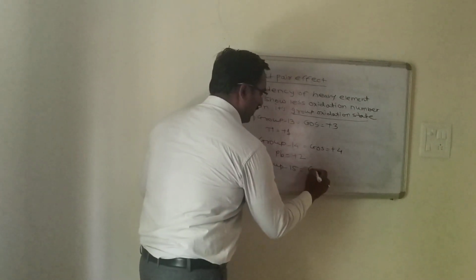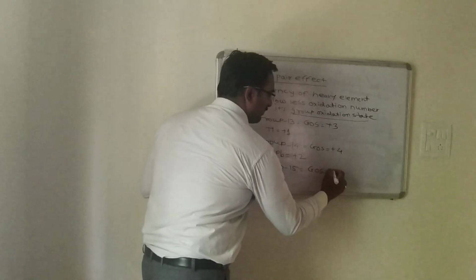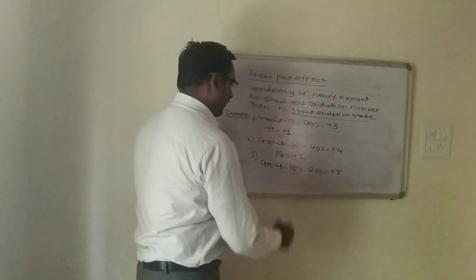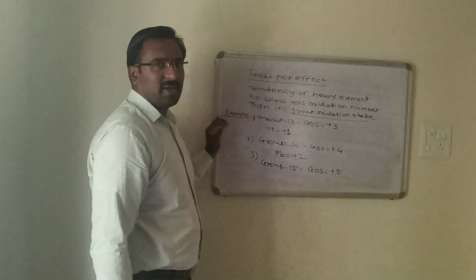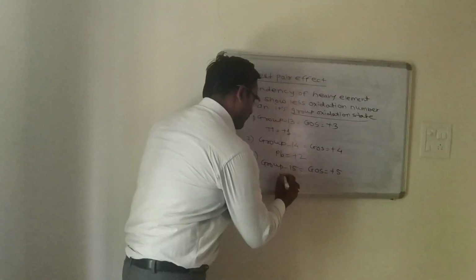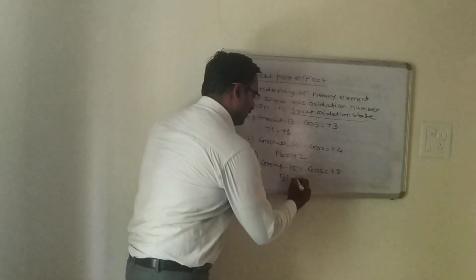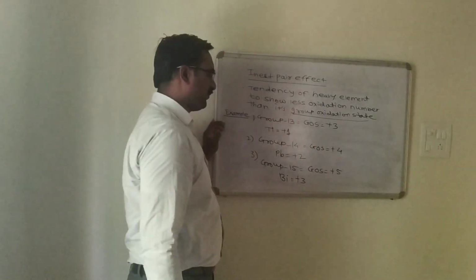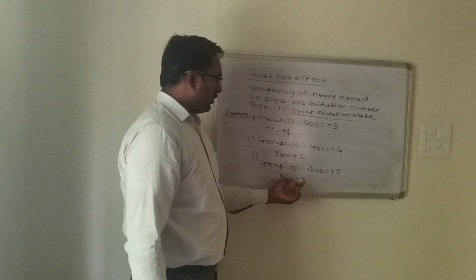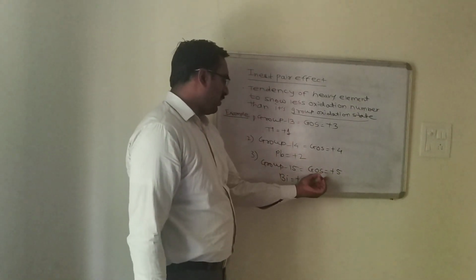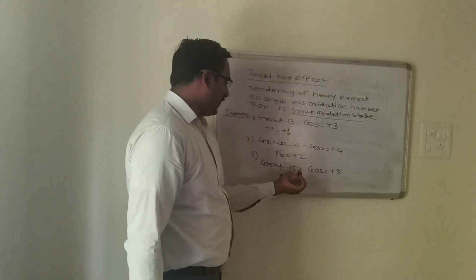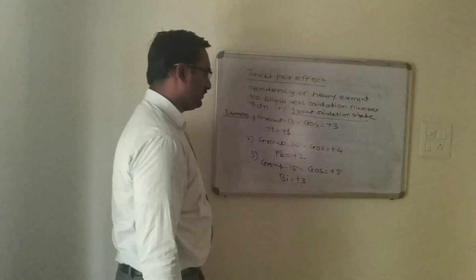Group oxidation state is +5. The heavier element is bismuth. The oxidation number of bismuth is +3, whereas the group oxidation number of group 15 is +5.